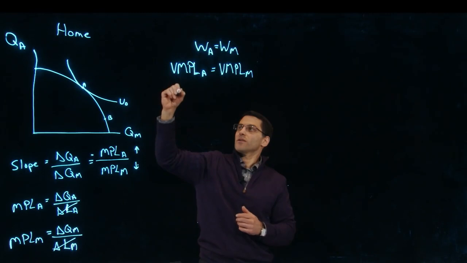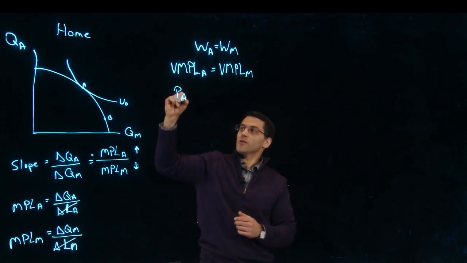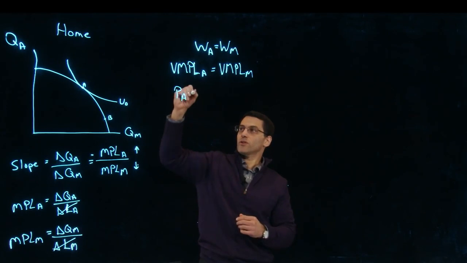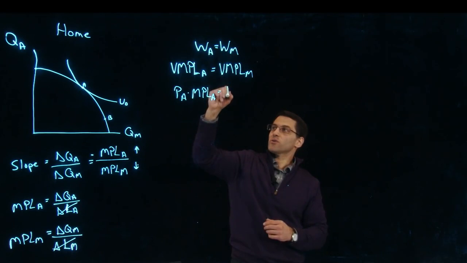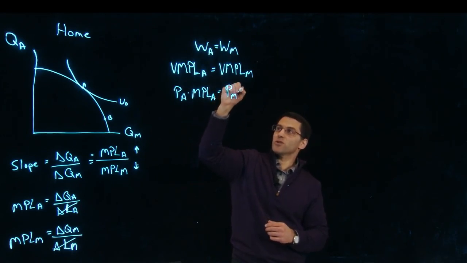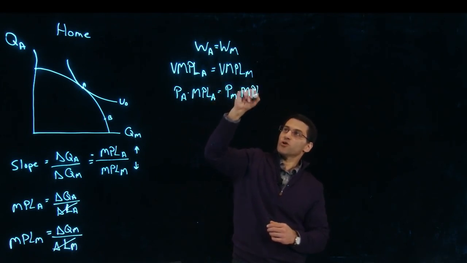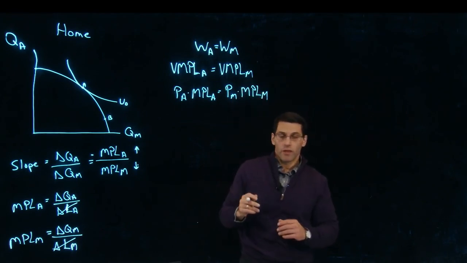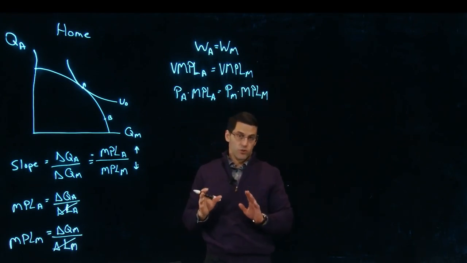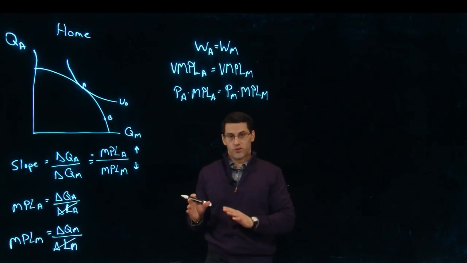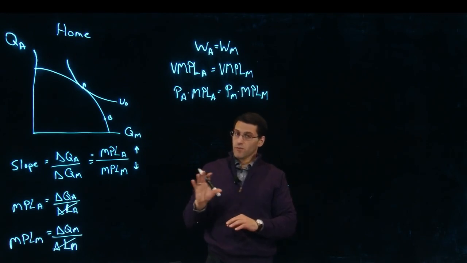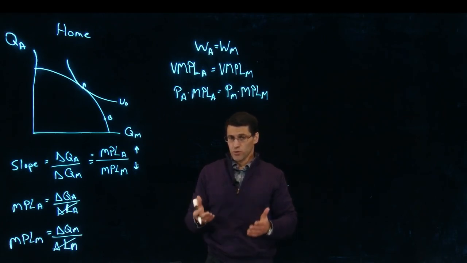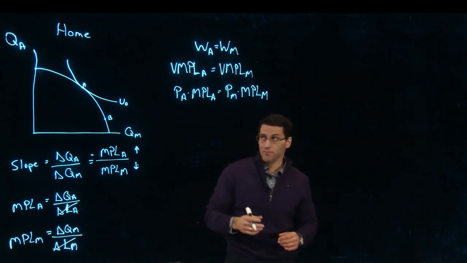Well, that is the price of the agricultural good times the marginal product of labor in agriculture equal to the price of the manufactured good times the marginal product of labor in manufacturing. And again, these equations hold true because we're talking about competitive industries, right, where marginal revenue is equal to price. If we didn't have competitive markets all around, this wouldn't be exactly true. So we've kept things as simple as possible by assuming competitive markets.